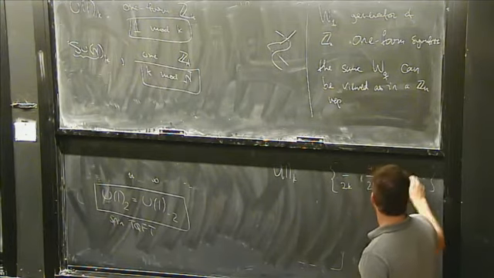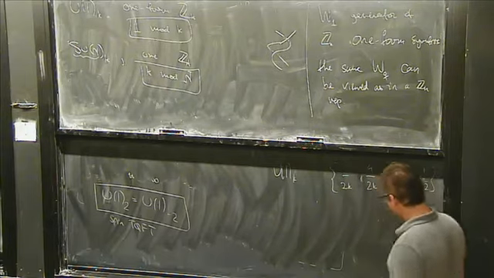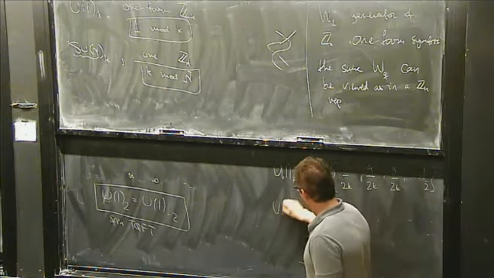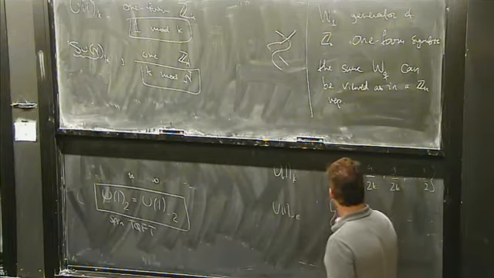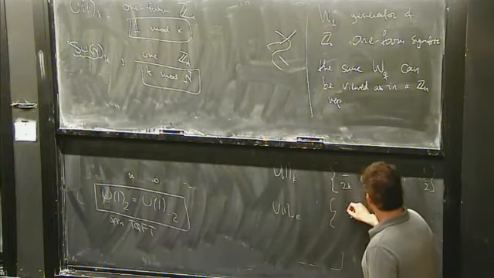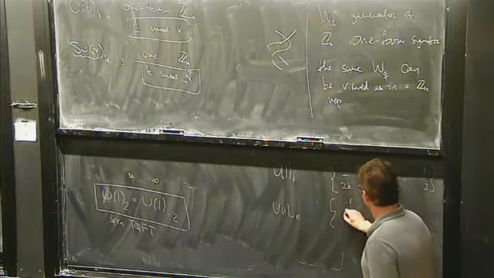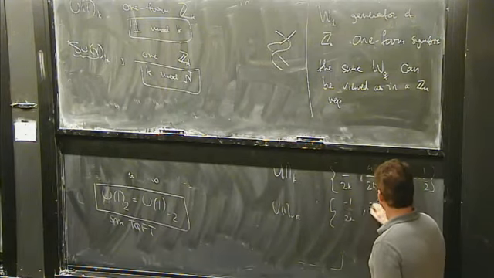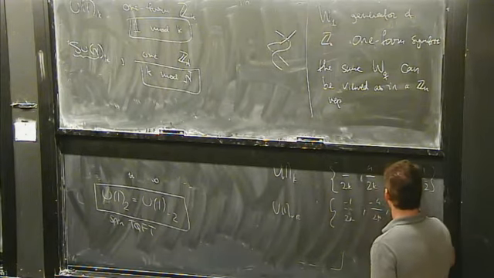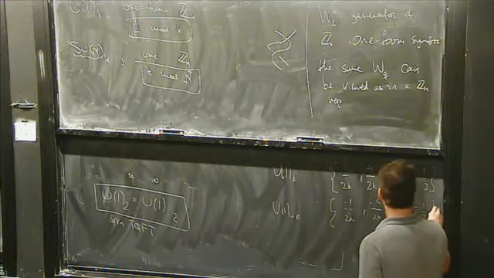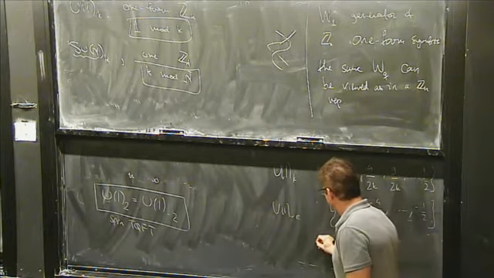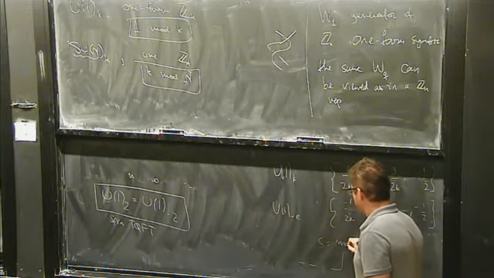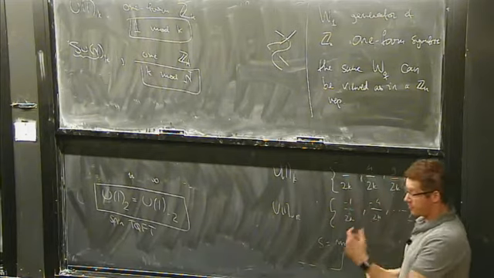If you compare that with U1 level minus k, there are anyons of spin minus 1 over 2k, minus 4 over 2k, and so on, until you get to minus a half. But the spins are defined mod a half, because a half is the spin of a local operator.